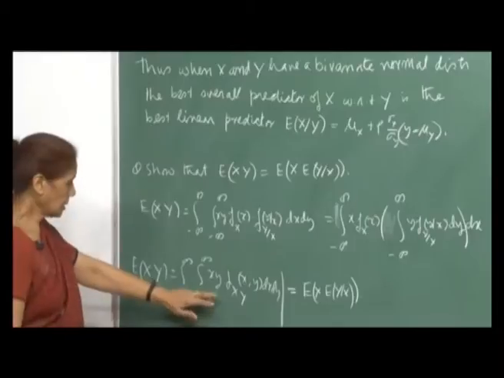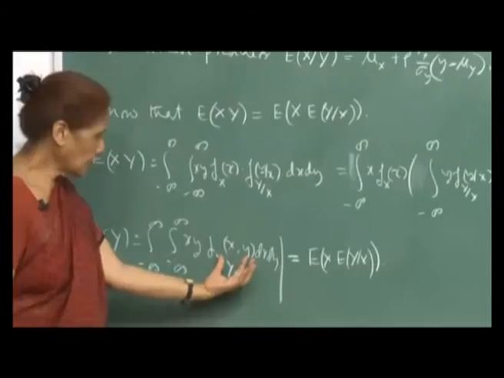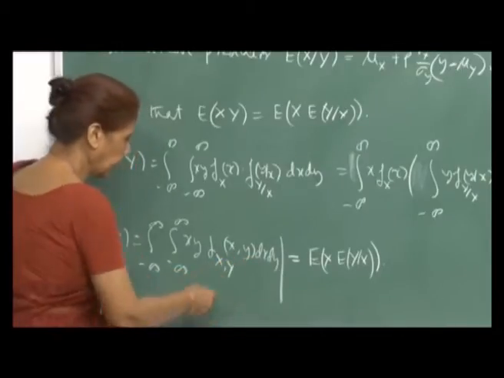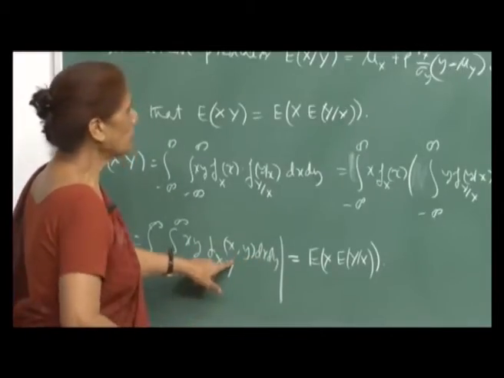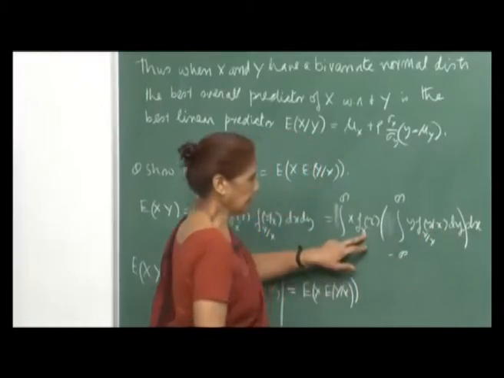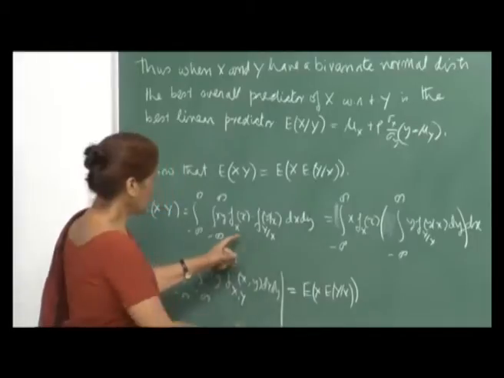But as we have seen, the joint PDF of x and y can be written as the product of the marginal of x into the conditional of y given x. So, this is what I am writing here.